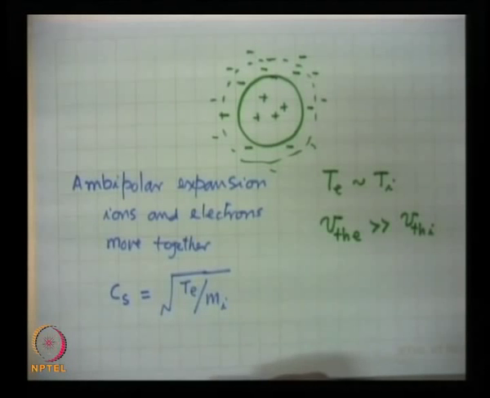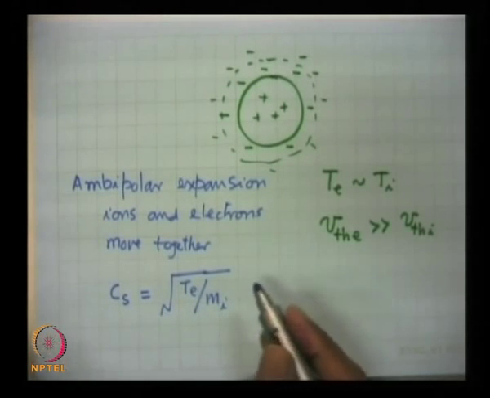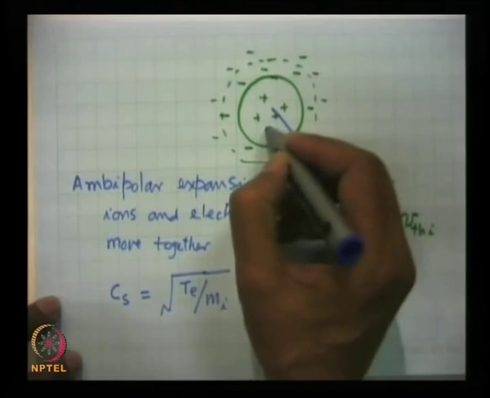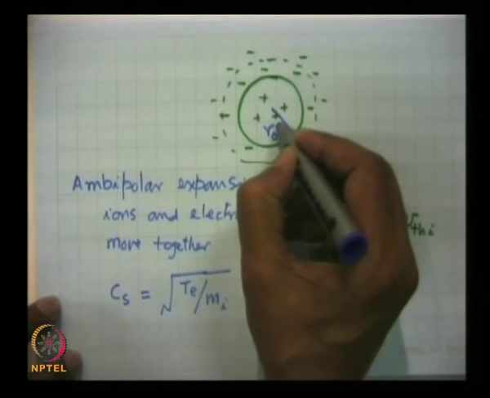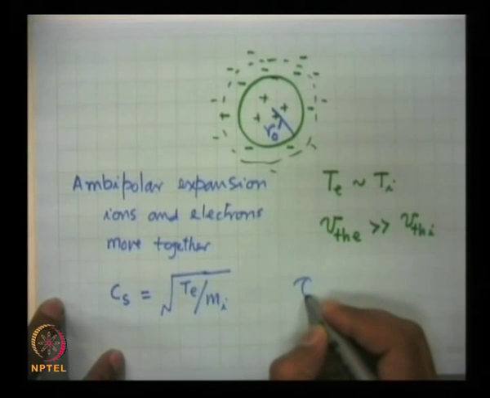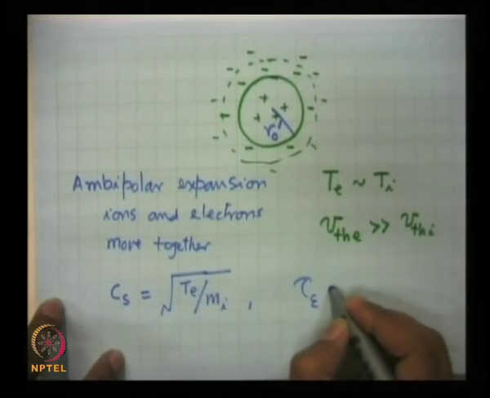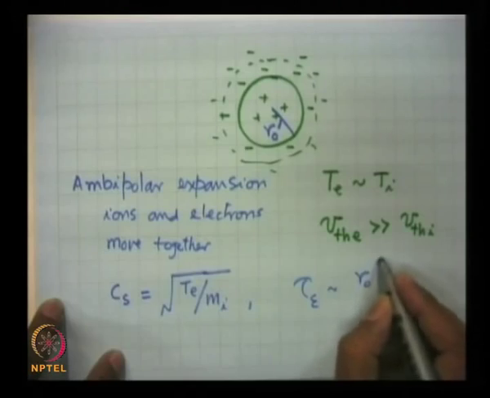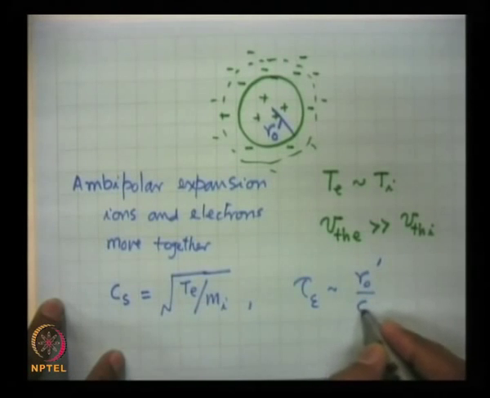So, this is the kind of speed one gets, and if the initial radius of the plasma is suppose r0 dash, then the time of confinement would be of the order of the radius of the compressed core divided by Cs.